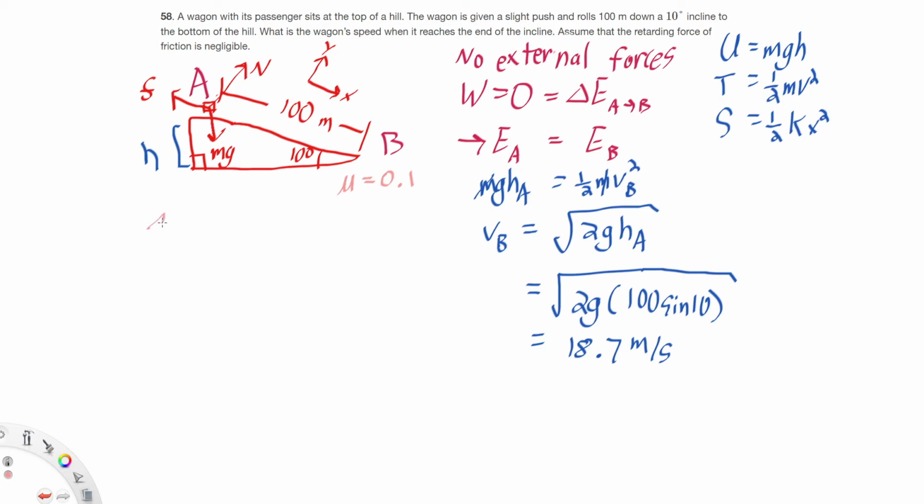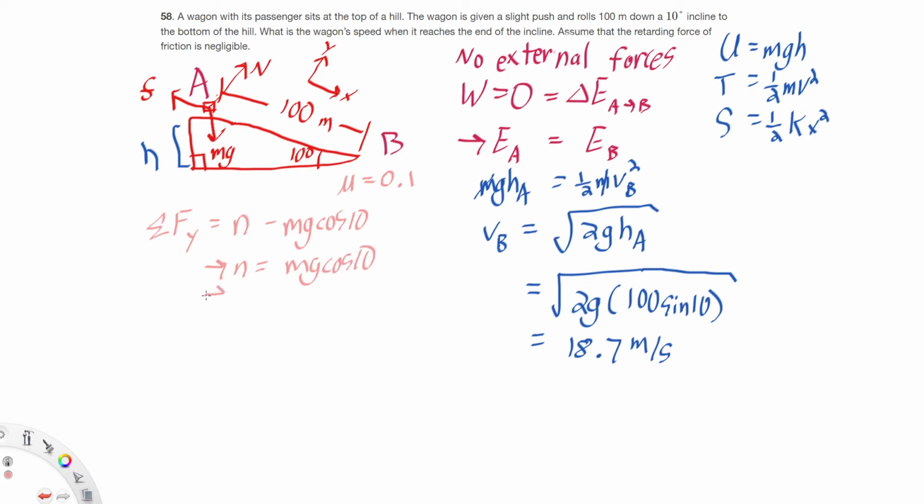So now we can sum up the forces in the y direction. We have the normal force, and we have mg cosine 10. So the amount of normal force is equal to mg cosine 10.